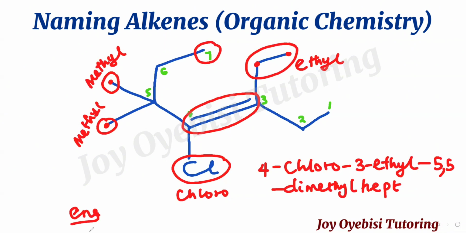But before we put the ene, you must also remember the position, because this double bond can be anywhere. So you want to make sure you are telling whoever is reading this name the position of the double bond. So that is going to be 3. So that will be hept-3-ene. And that is it. So that means the name of this compound is 4-chloro-3-ethyl-5,5-dimethylhept-3-ene.